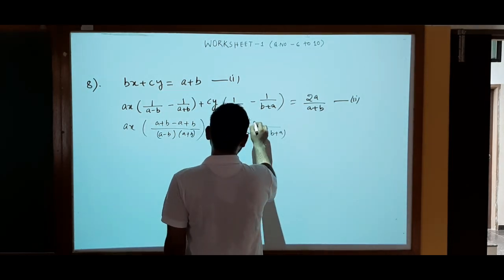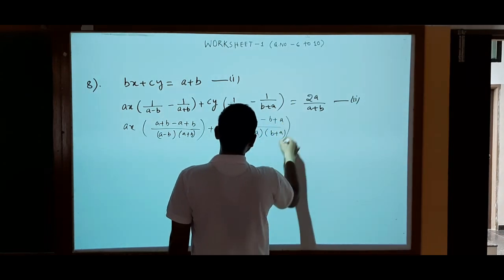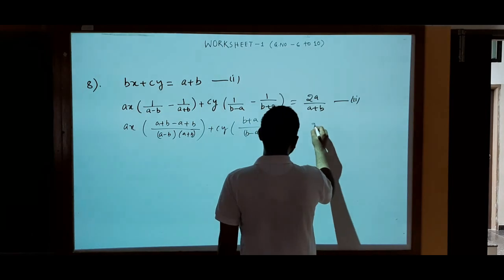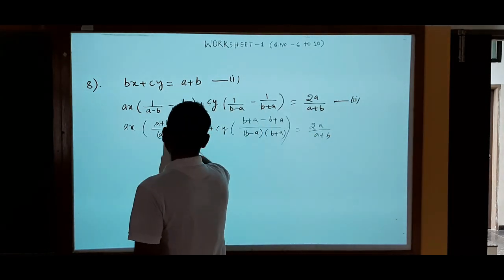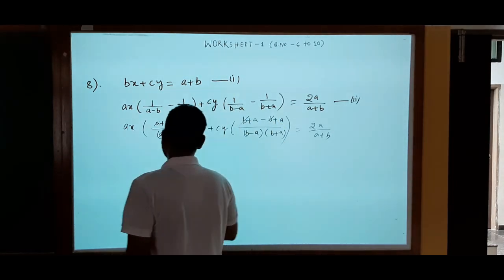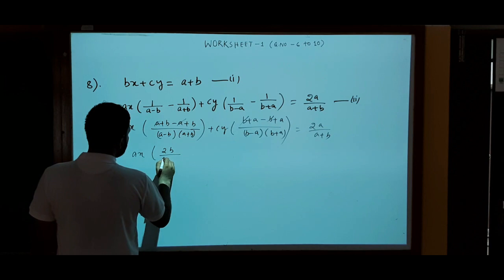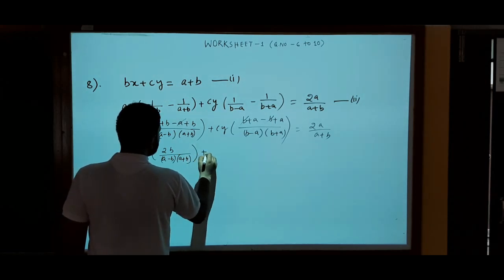So b plus a and minus b plus a. B plus a minus b plus a equal to 2a upon a plus b. Now minus a plus a and minus b plus b. So ax, 2b upon a minus b into a plus b plus cy.